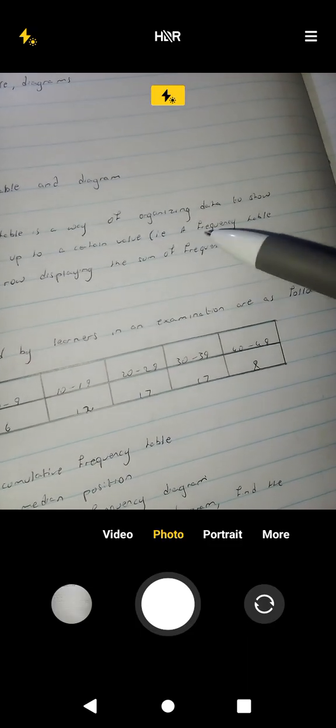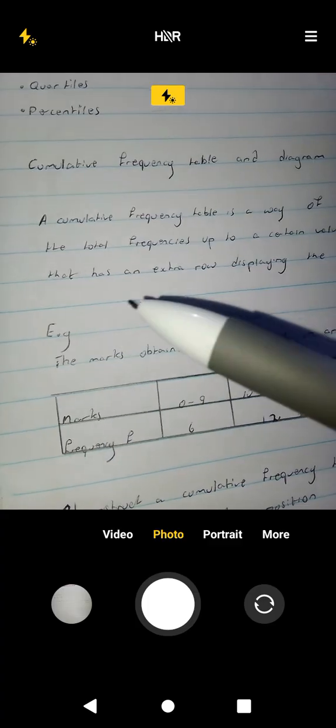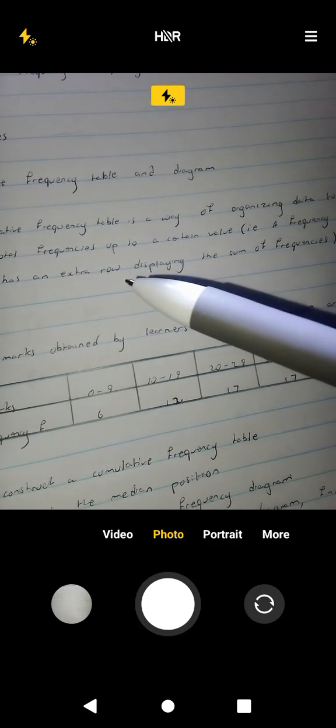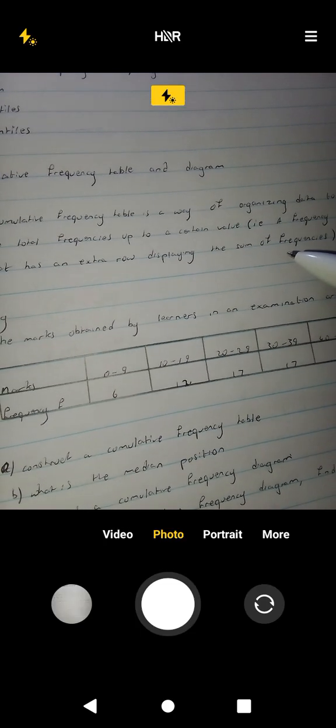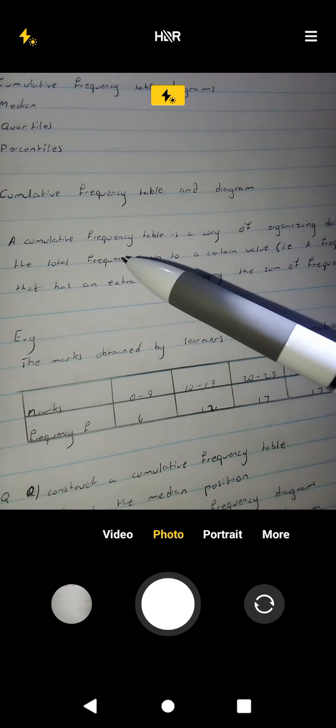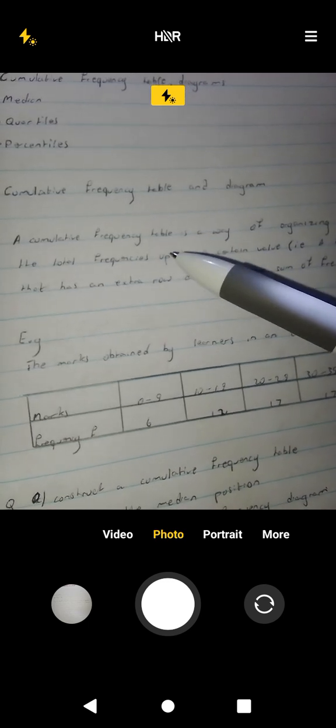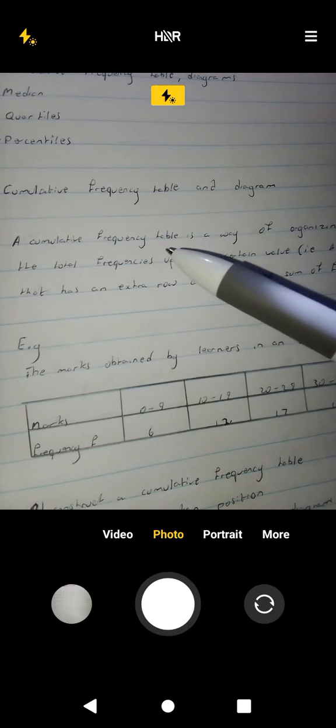So that is a frequency table that has an extra row displaying the sum of frequency. Like I said, a cumulative frequency table is basically a modified frequency table that just has an extra row.